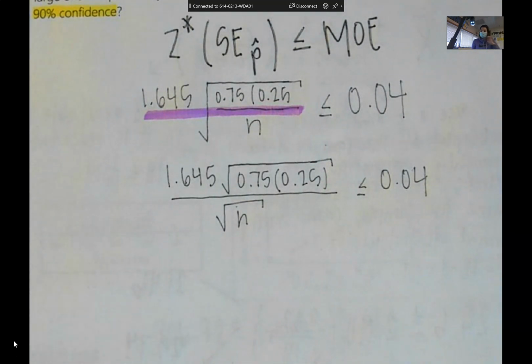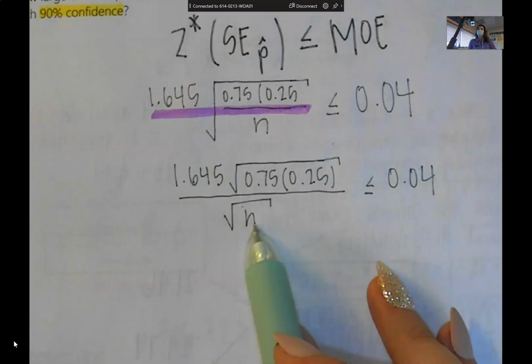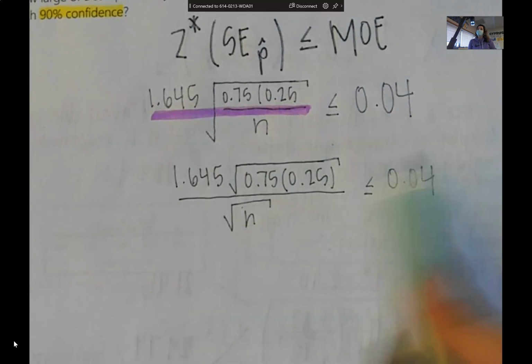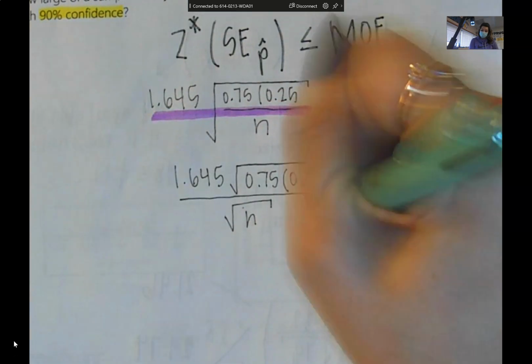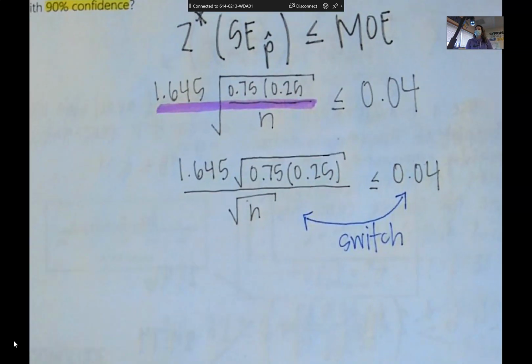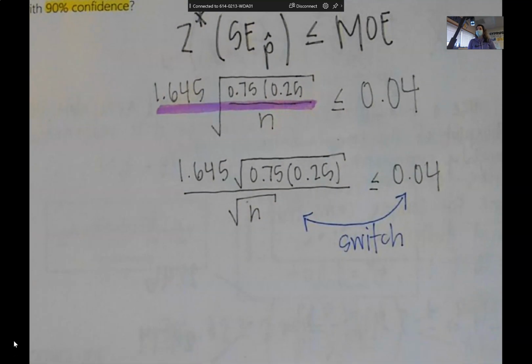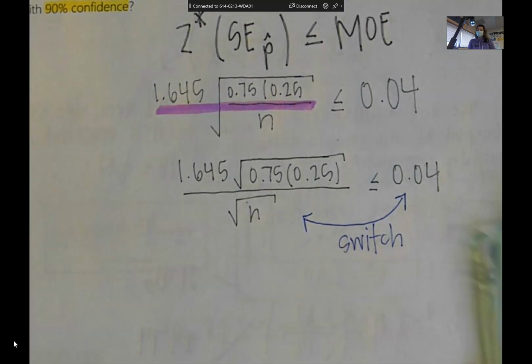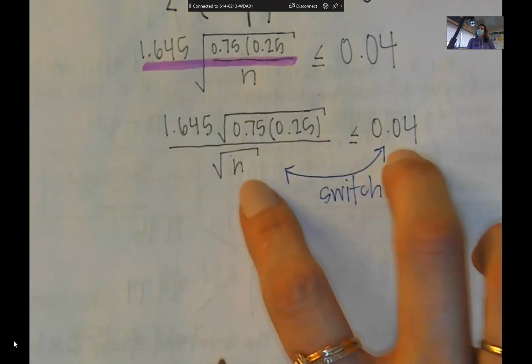In talking about solving, we have discussed how if you want to solve any equation where you have a fraction equal to a number, you can just switch these two things. You would end up multiplying both sides by root n and then dividing both sides by 0.04, which just ends up looking like these two things switched places.